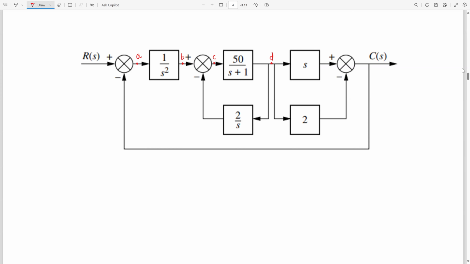And I go ahead of this block, E. I go ahead of this block, and that's the output signal right there.